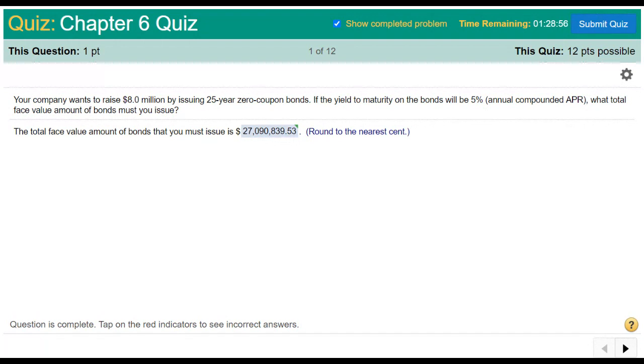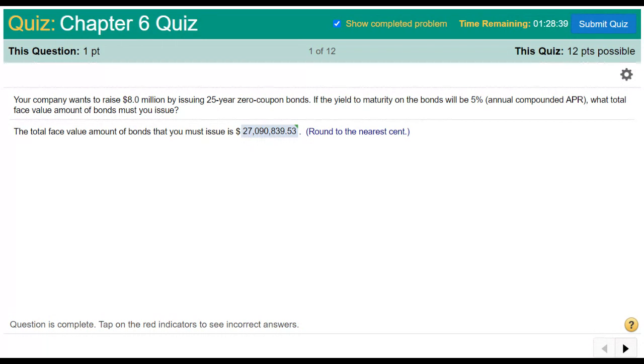So here we need to find the future value because I'm going to be lending you $8 million today and you're going to be paying me back 25 years from now. Right? This is what this is saying.